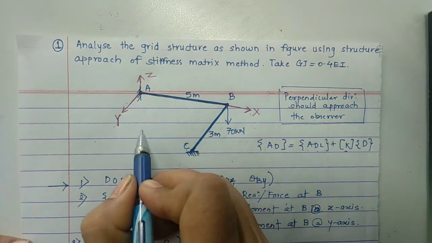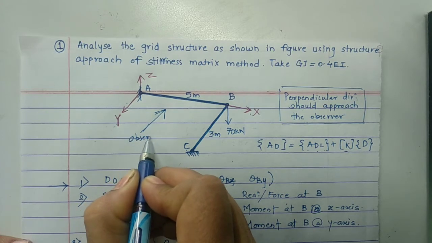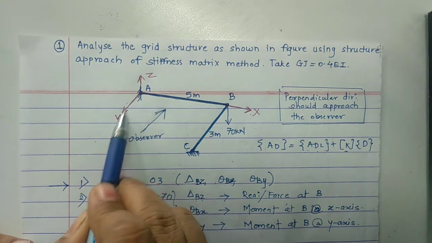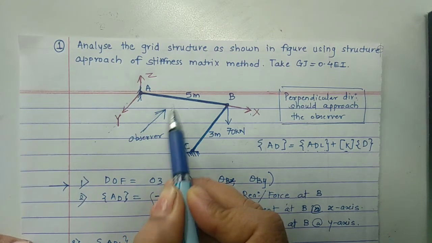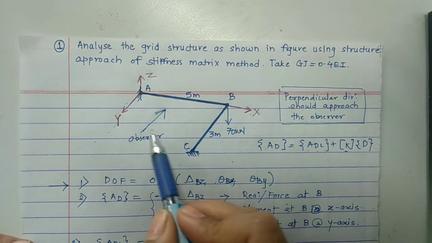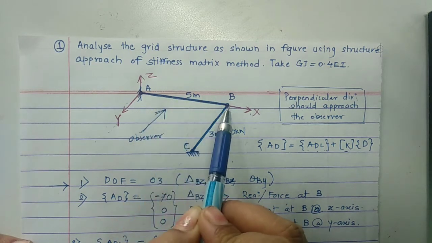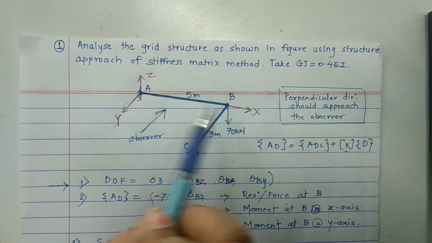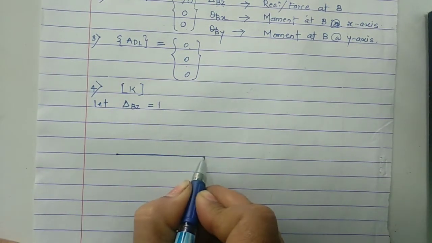So the observer should see member AB from this direction, opposite to this perpendicular Y axis of the AB member. Now read this member from A to B, as we generally read a member from left end to right end. So draw that member as AB.